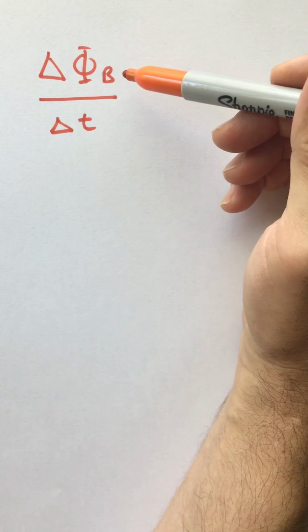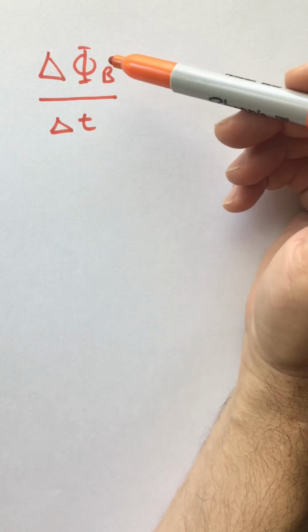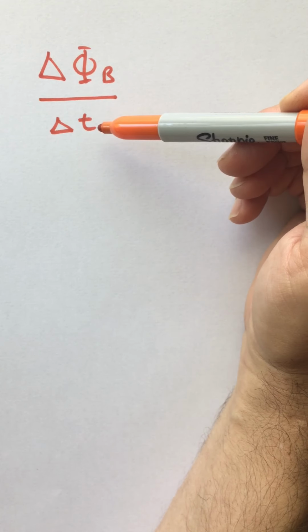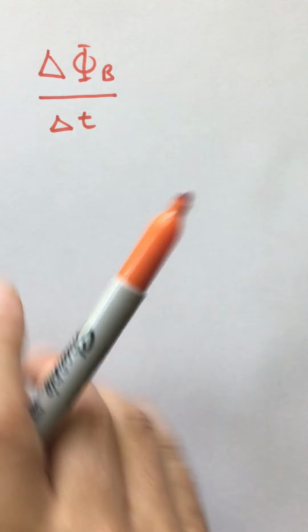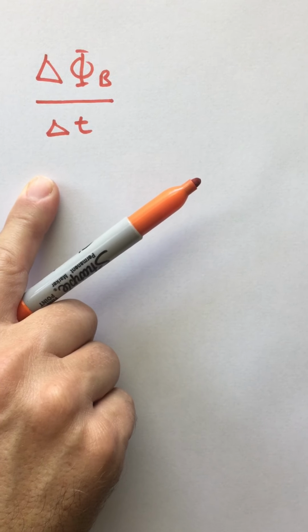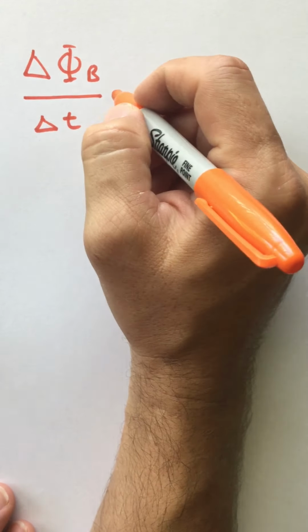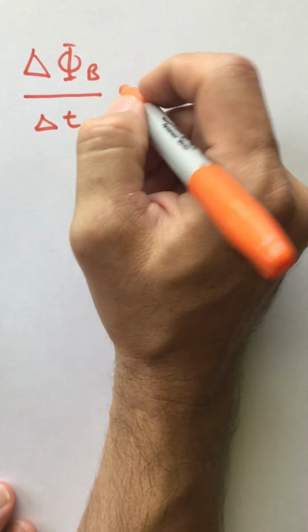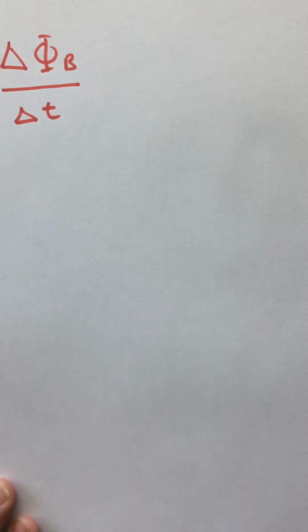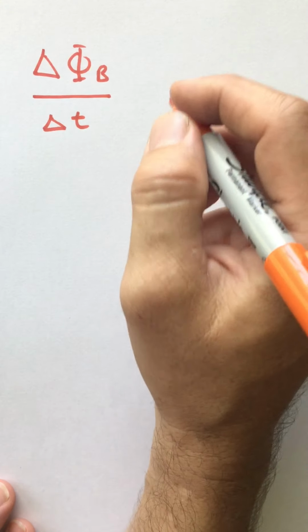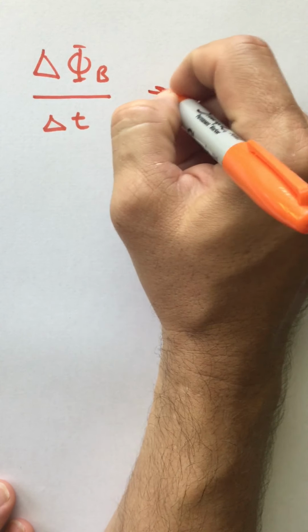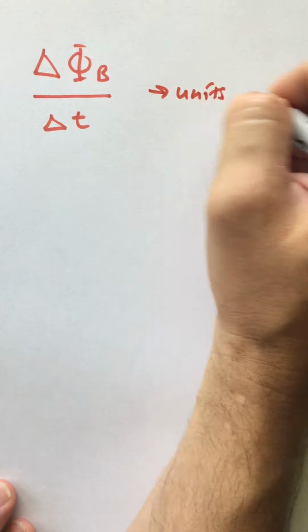But this is just a pretty standard way of analyzing a system. If this is changing in time, one of the ways to do that is to determine how it changes and divide that by the time it took to make the change. But when I do this quantity, and I'll just have to ask you to trust me, you're welcome to work it out and show it, if I just look at the units here, interestingly enough, I get units of volts.